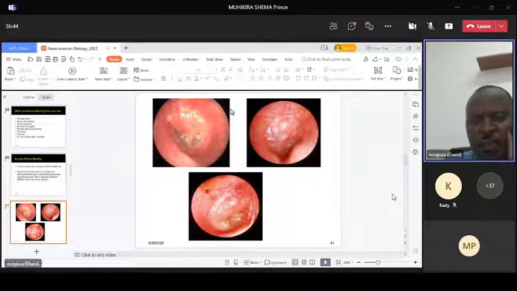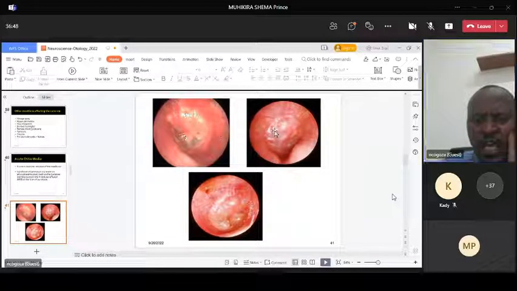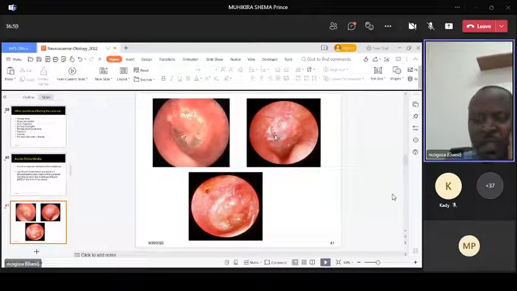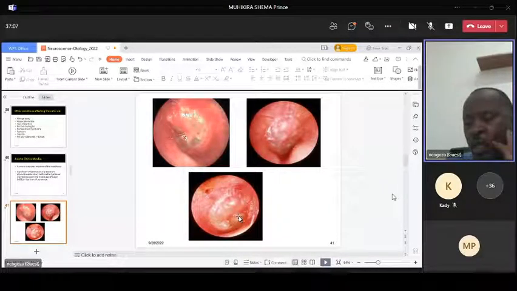It's red; normally it should be white. Now it's red because behind the tympanic membrane there is infection. There is pus, bulging on the pars flaccida and pars tensa. See how the number 4, the number 3, there is bulging. It's like an abscess which is almost rupturing.